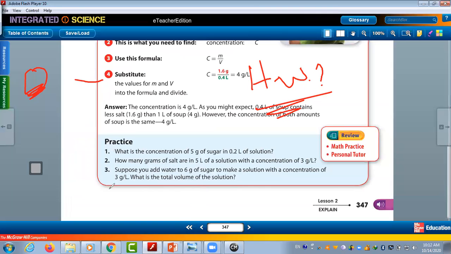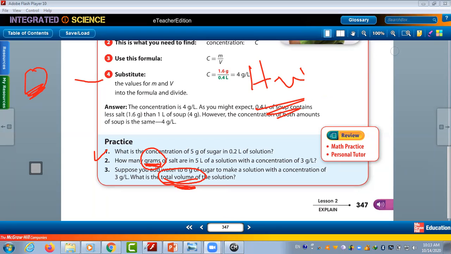Today, we only talked about concentration. What are the factors that affect concentration? We said mass and volume, and ended by calculating concentration. Inshallah, tomorrow we'll talk about how to calculate grams and volume. Okay, Omar, no problem.